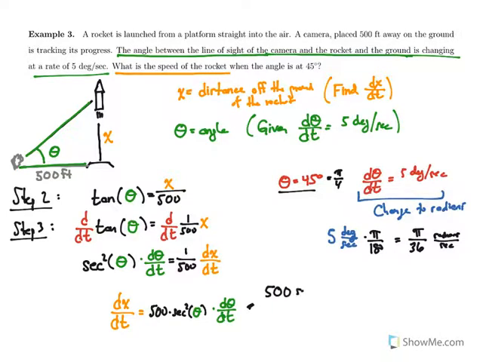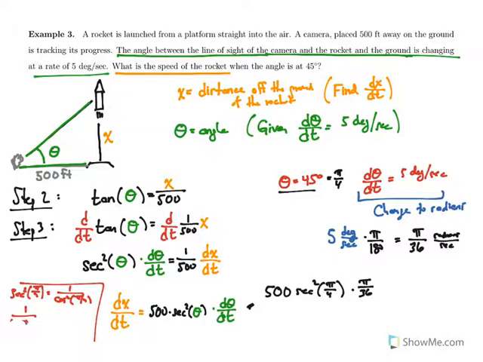So you have 500 secant squared of, we'll call it pi over 4, it's better to use that anyways, times pi over 36. Let's think about secant squared of pi over 4 real quick. That's going to be 1 over cosine squared of pi over 4. Cosine of pi over 4 is going to be root 2 over 2.